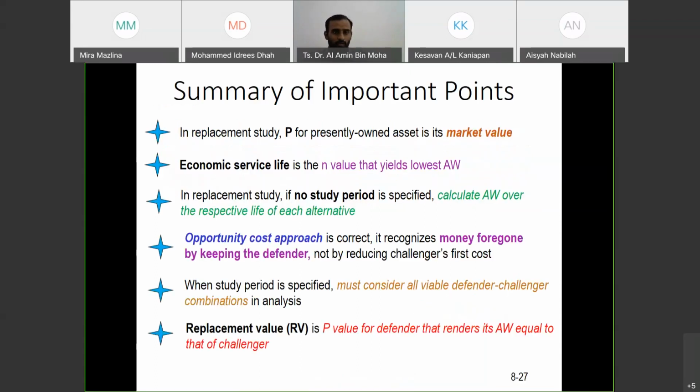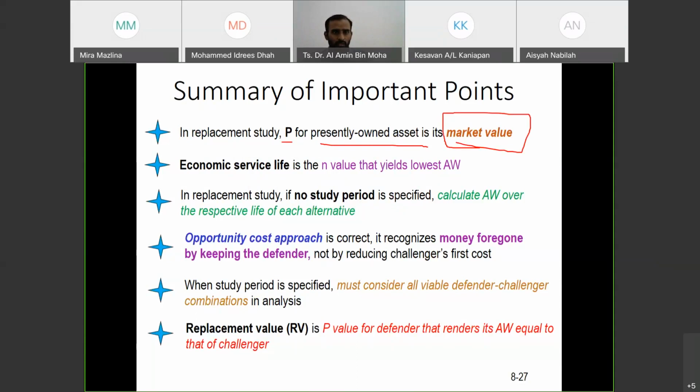So we are done with the lecture part, the conceptual part of understanding the steps and the information related to economic service life and replacement value. In short, in a replacement study, P for the presently owned asset is the market value.